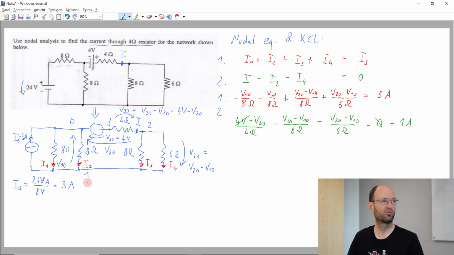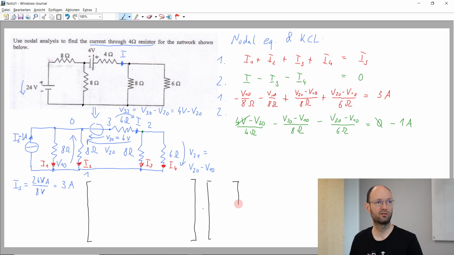I will probably use the space here. So we have the matrix with the coefficients, and then we have the vector with the two unknown nodal voltages, V10 and V20, and on the other side we have the known quantities, and the known quantities are just 3 ampere and minus 1 ampere.